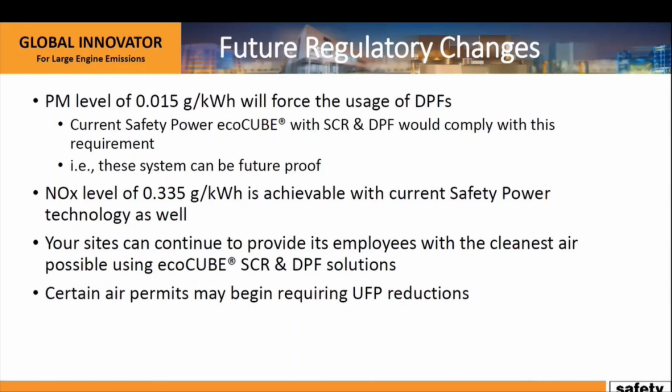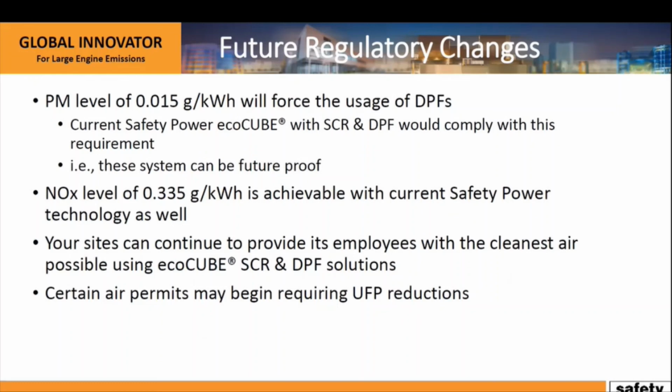Now the good news is, at least for us and for people who use our systems, a Safety Power EcoQ system with an SCR and DPF would already comply with these levels, for both PM and NOx, and even for the lower future NOx value that's 50% lower.